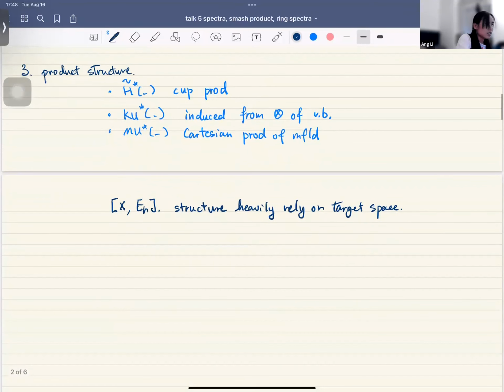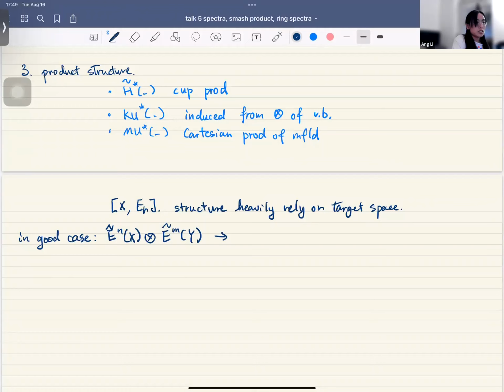So let me just write down the general case. In a good case, you can pull out the smash product inside and it becomes a tensor.